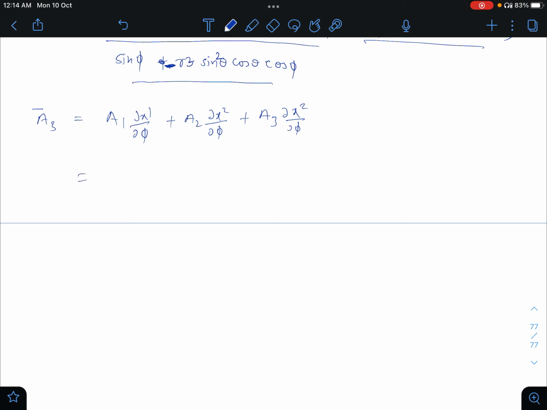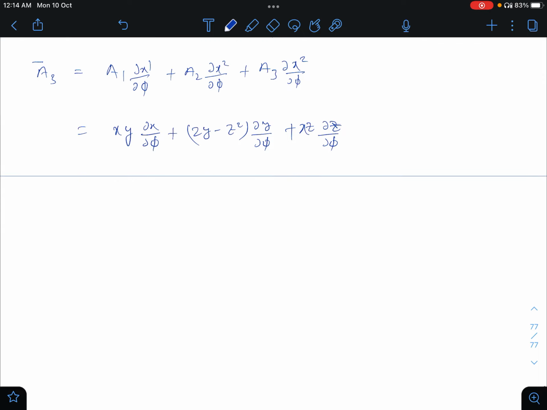This will become xy delta x upon delta phi plus 2y minus z square delta y upon delta phi plus xz delta z upon delta phi. So let us put x, y and z in this equation.